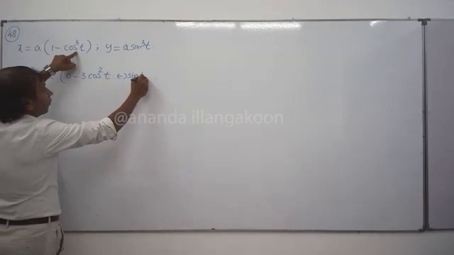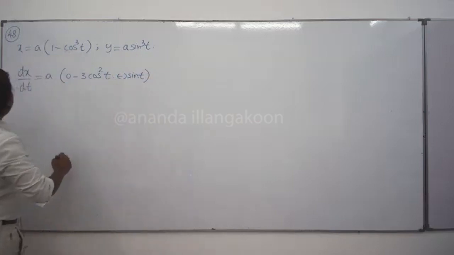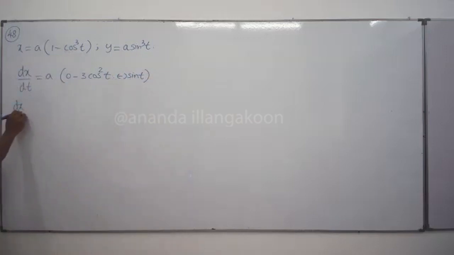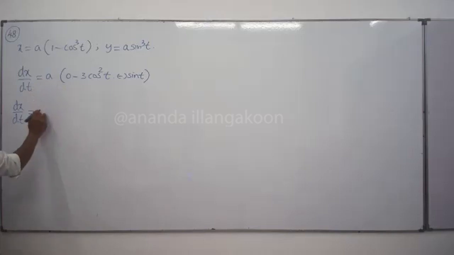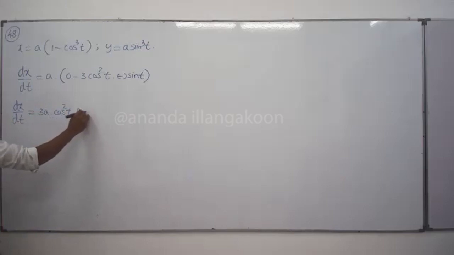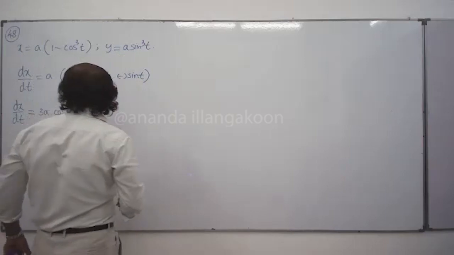What is that? Minus sine t. So when you simplify, what do you get? Plus 3a cos squared t sine t.